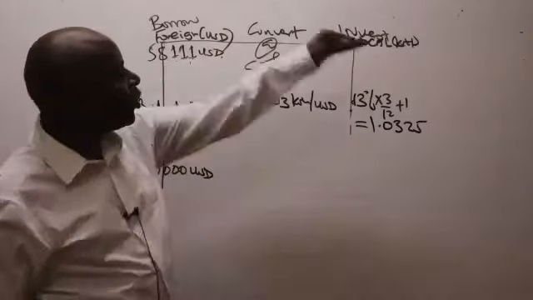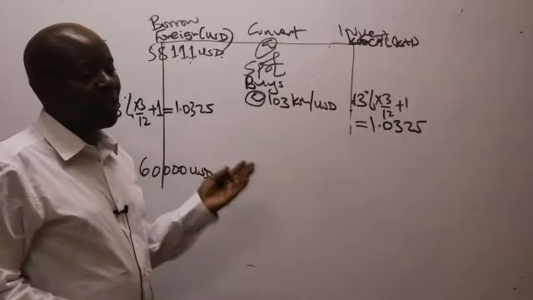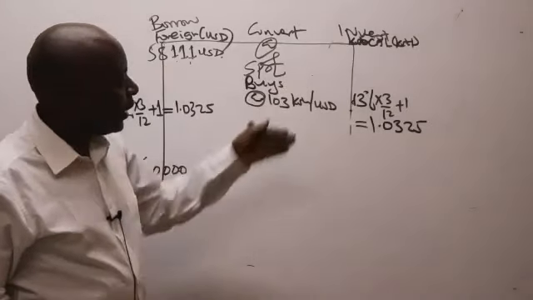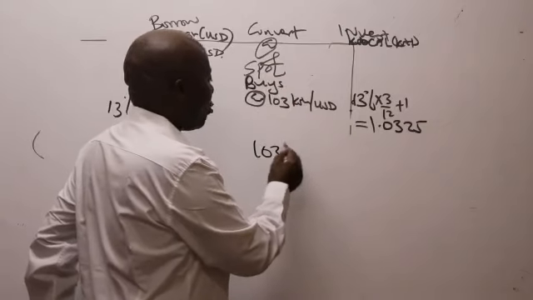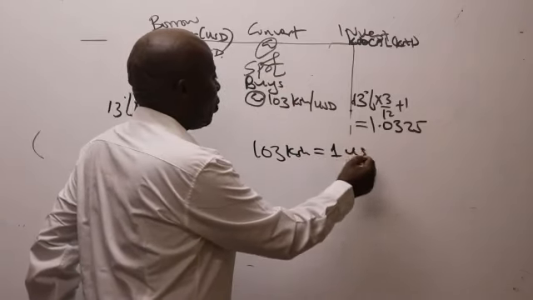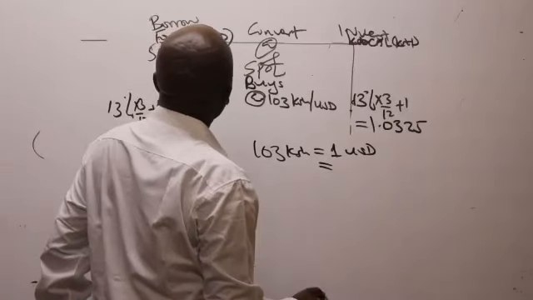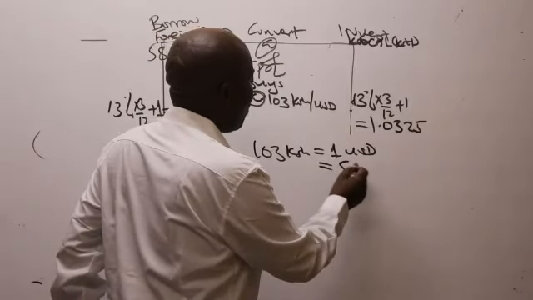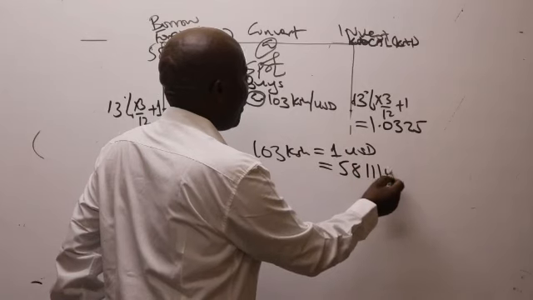And then we have across. Across, we have an exchange to do. So it is 103 Kenya shillings equals 1 US dollar. So how about 58,111 US dollars?